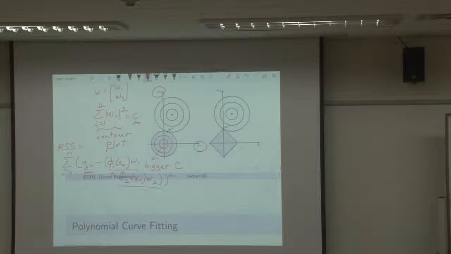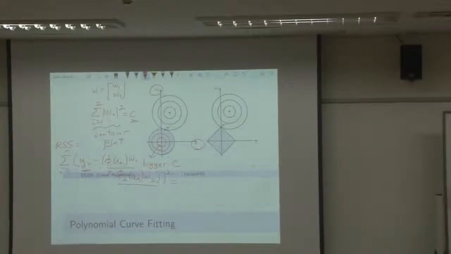And we're going to look at some contour plots of this. Let's say this is the D. What is this in general, this equation, in terms of W1 and W2?